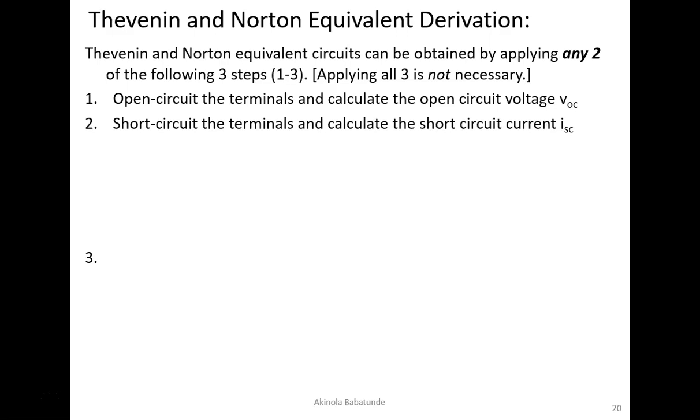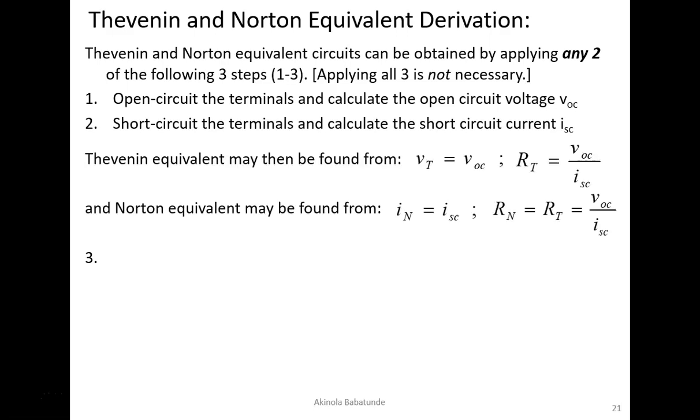You know what that means, and you know exactly how to find that when we have a short circuit. When we short circuit, Thevenin equivalent may then be found from VT is equal to VOC, since we have said earlier that VOC is equal to VT when we open the circuit. And then once we know that, our RT will be equal to VOC over I short circuit.